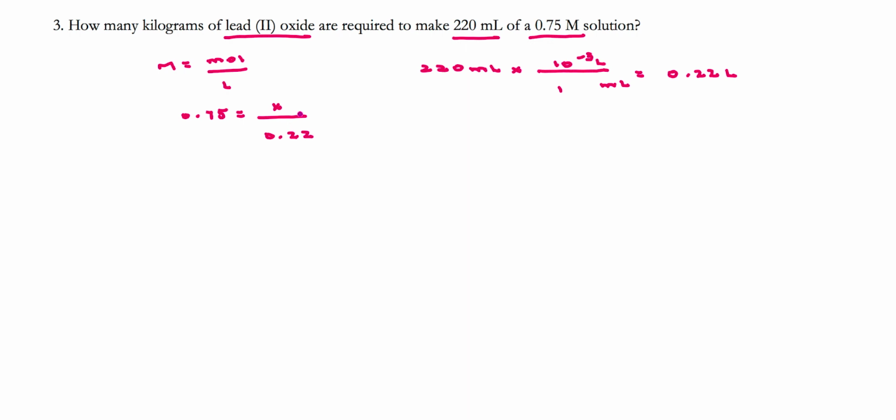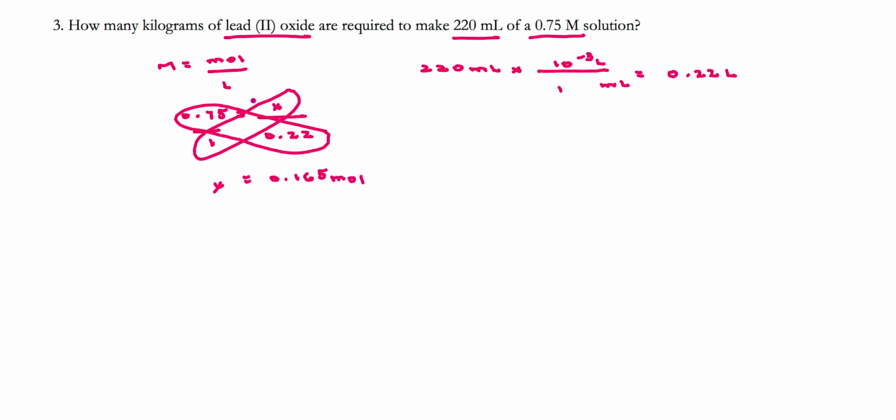So to solve for X, I'm going to take 0.75, and I'm going to cross multiply, so 0.75 over 1. So this is going to be 0.75 times 0.22, and that gives me 0.165. And then X times 1 gives me just X. So my number of moles here is 0.165, and my units are moles.